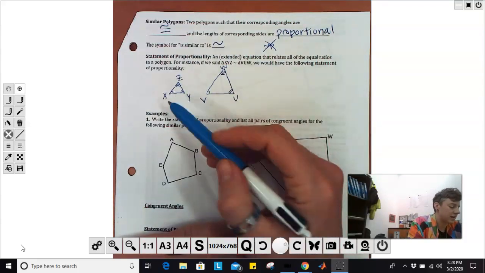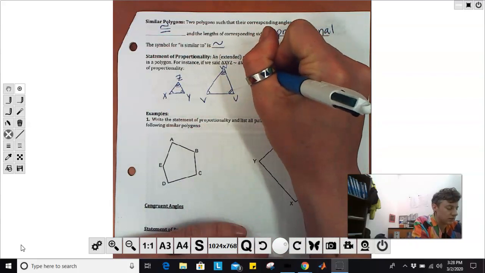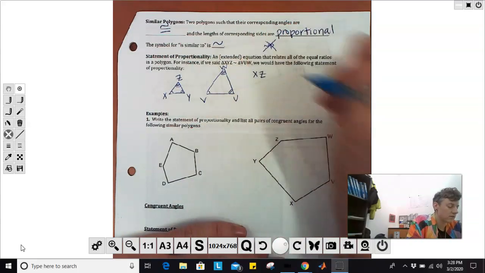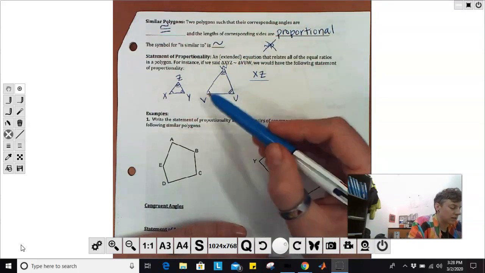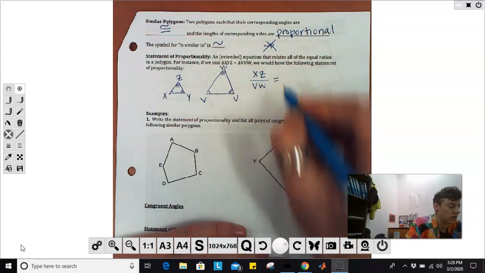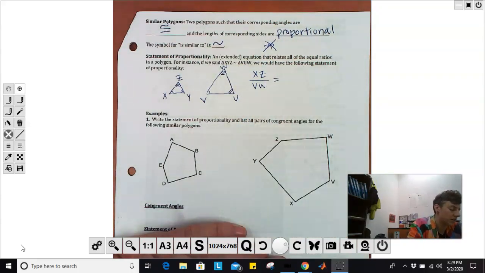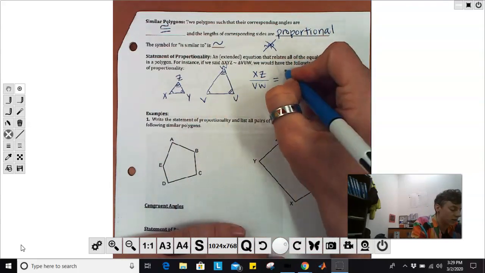So side XZ related to side VW would have the exact same ratio as side XY to side VU.